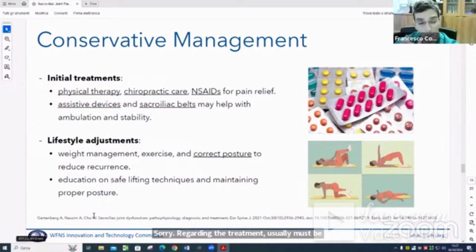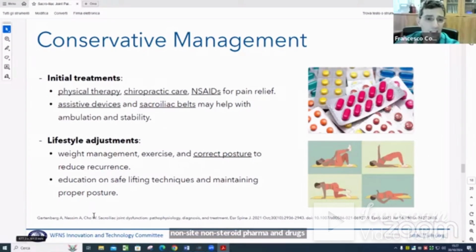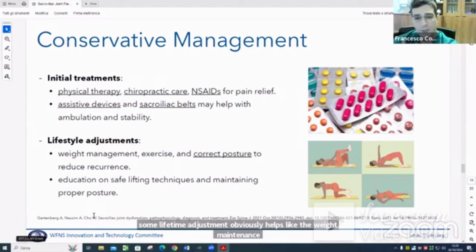Regarding the treatment, usually the conservative treatment must be considered first, initially physical therapy. Non-steroidal pharmacological drugs can help for pain relief. Assistive devices and sacroiliac belts may help reduce the biomechanical stress, and some lifestyle adjustment obviously helps, like weight maintenance, exercise, a correct posture, and a correction of the core.